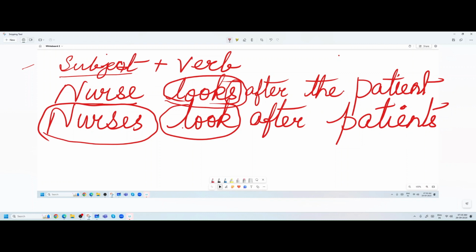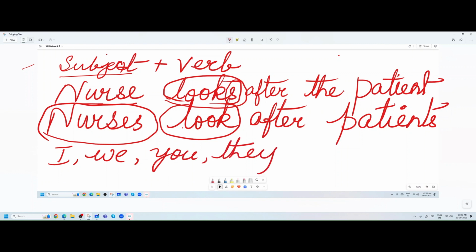If my sentence has pronouns like I, we, you, they, then my verb will not have an S in it. So suppose I say look, do, have. Clear?